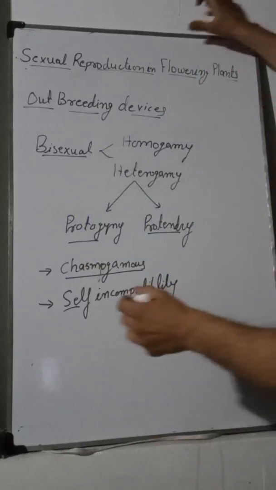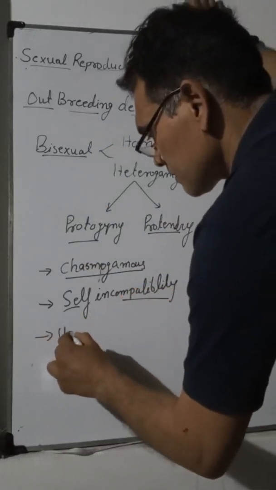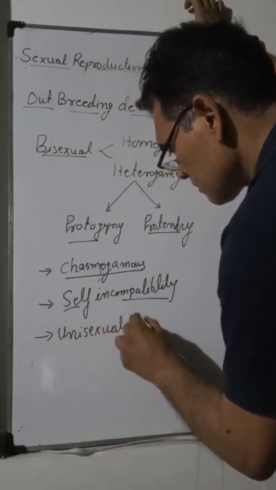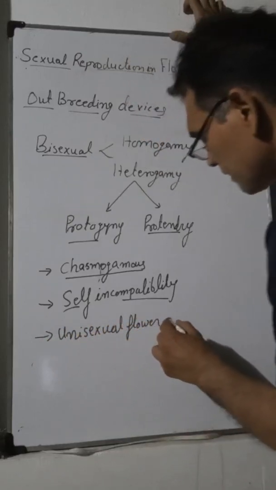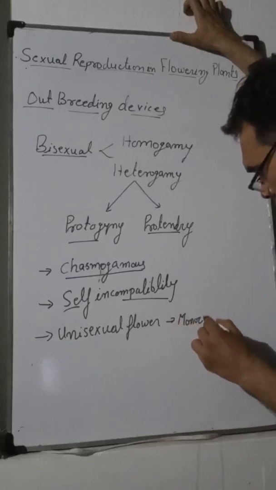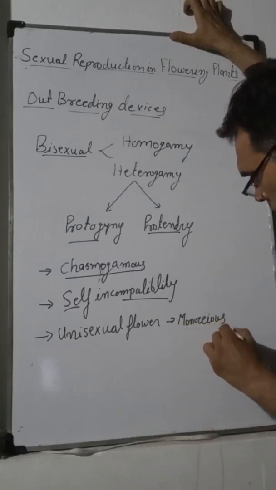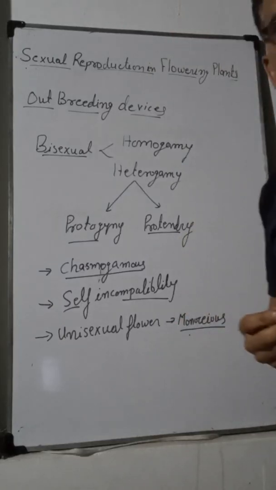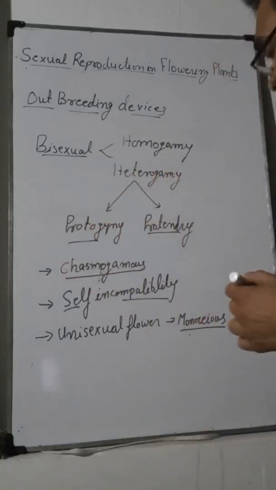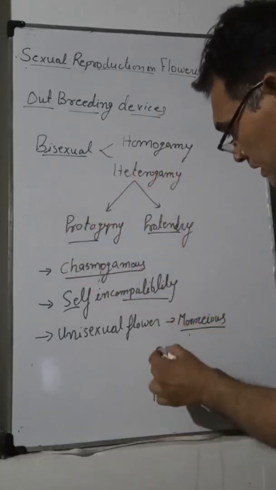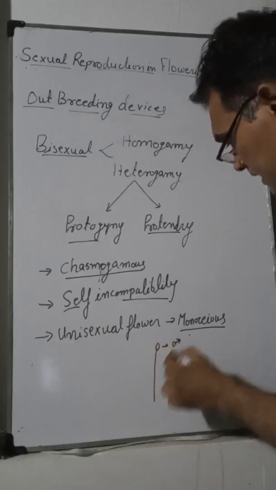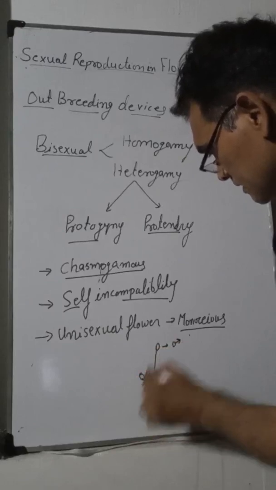Another is the unisexual flower. This condition is known as monoecious. Monoecious means two different types of flowers, either male flowers or female flowers, are present on the same plant but at different positions. Here is the male flower, and here is the female flower.